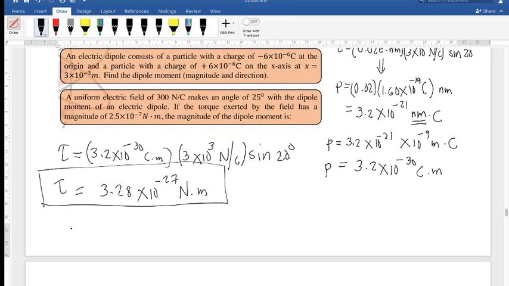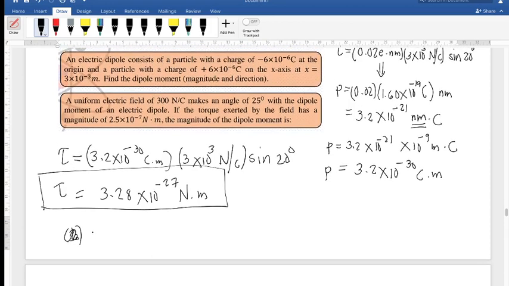Okay, so for sample problem number 2, P is equal to QL. Q here is the magnitude of the charge, which is 6 times 10 to the negative 6 coulomb, and the length is the distance between them, which is 3 times 10 to the negative 3.